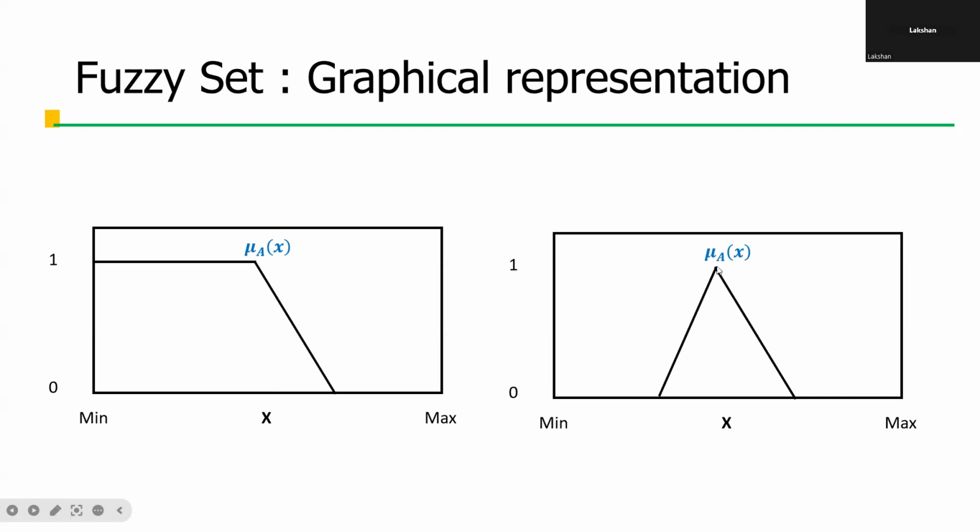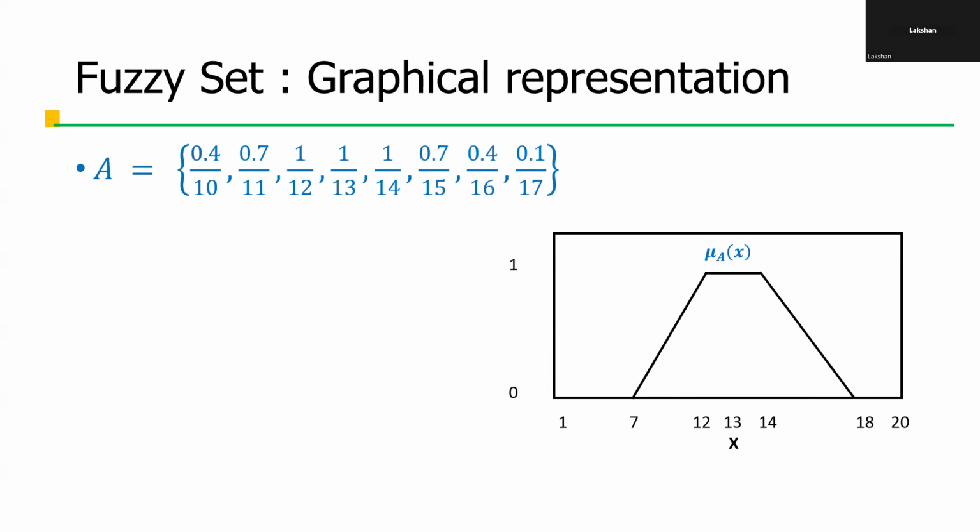Then we have a linear increase and decrease. Then from some number onwards, it will go to 0 again. As I said, you can adjust this according to your use case.